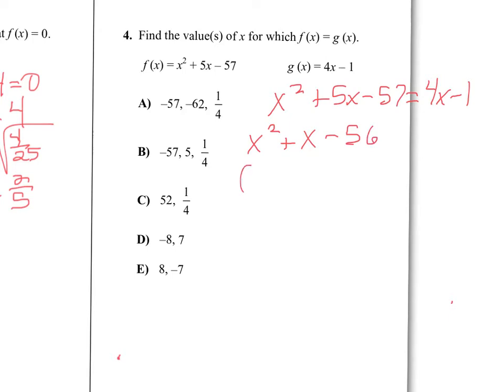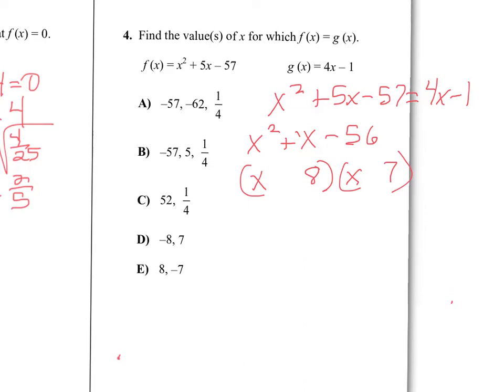I factor this, and I'm going to get x. Factors of 56 that subtract to 1 are 7 and 8. This plus right here tells me that the larger number has to be plus.